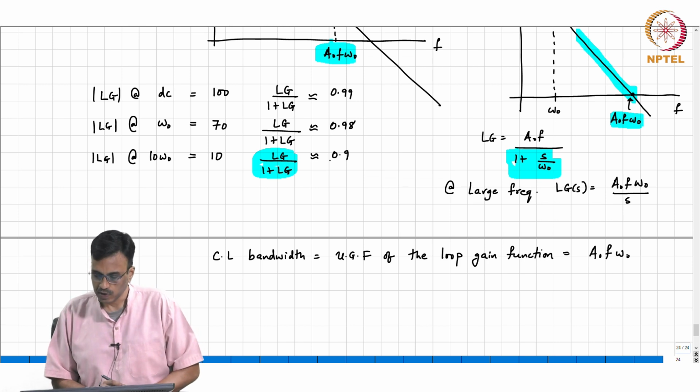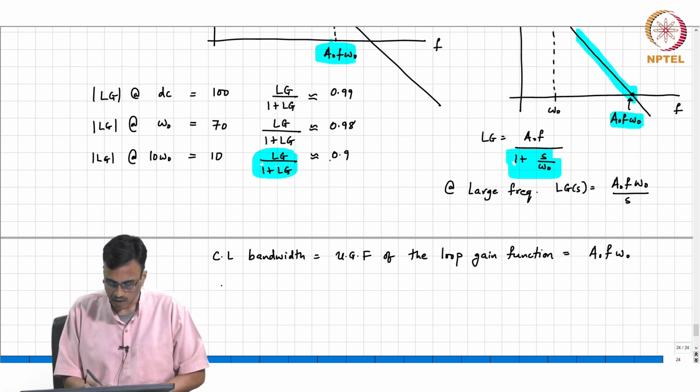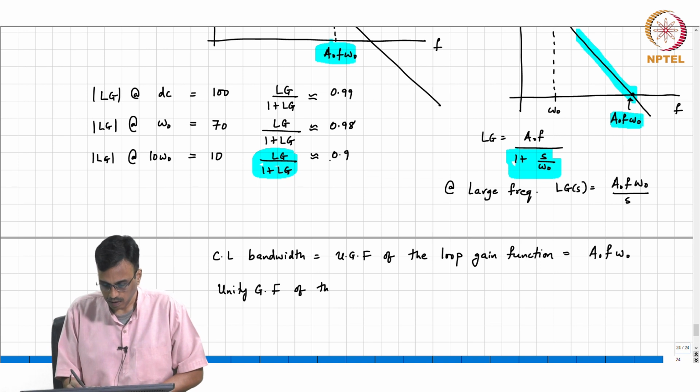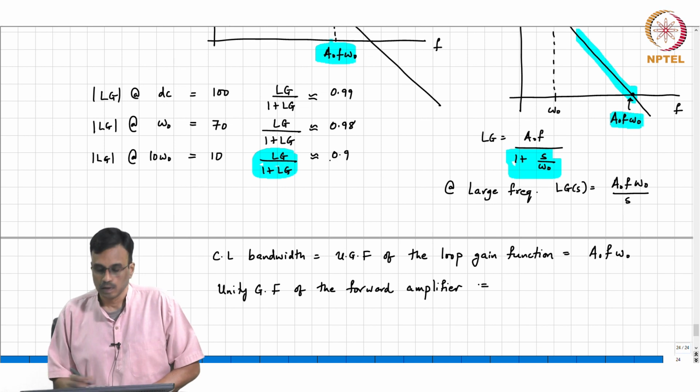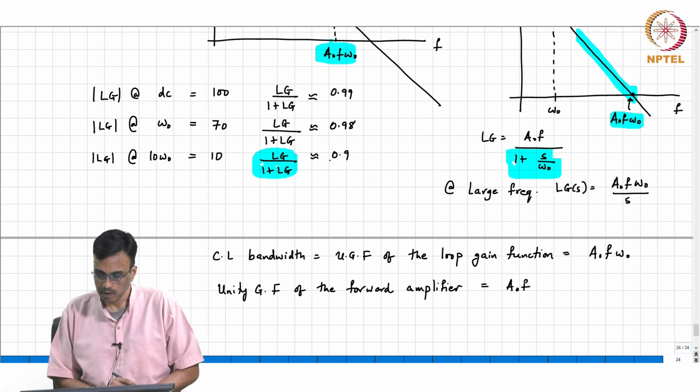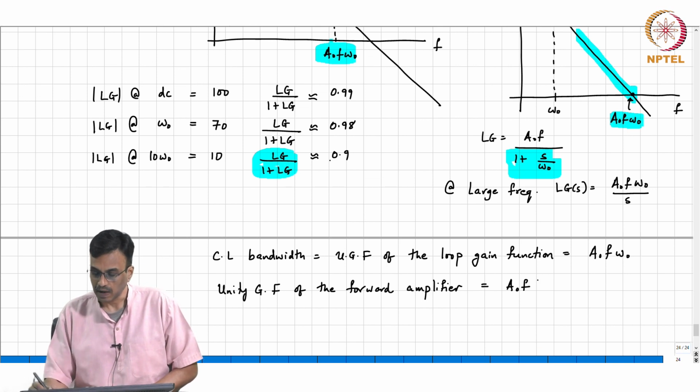Next observation that I would like to make: what is the unity gain frequency of the forward amplifier? Which is the forward amplifier?